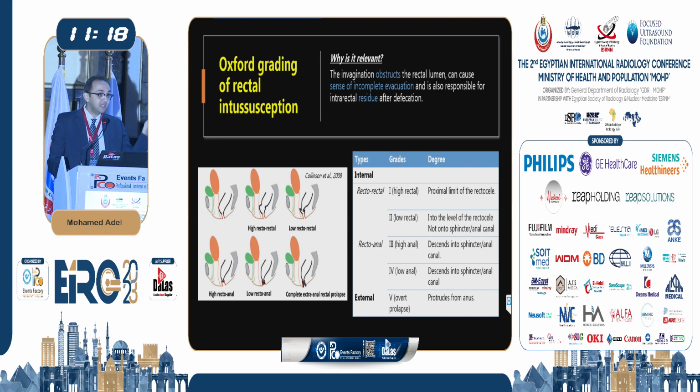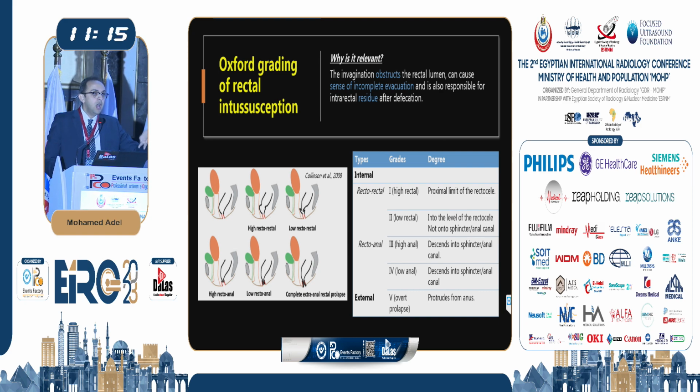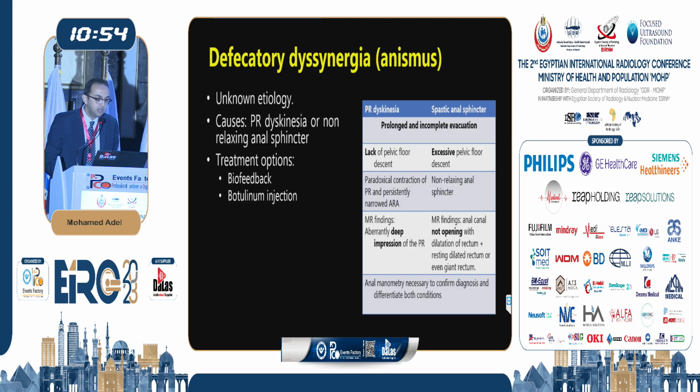So there is high rectorectal, which is basically more proximal. If you go a little bit further, it's going to be low rectorectal. That usually goes with the degree of the rectocele. And then rectoanal can be high or low rectoanal, depending on the proximal aspect or the distal aspect of the anal canal. And obviously the external is the complete rectal prolapse, when the rectum completely gets outside of the anal canal.